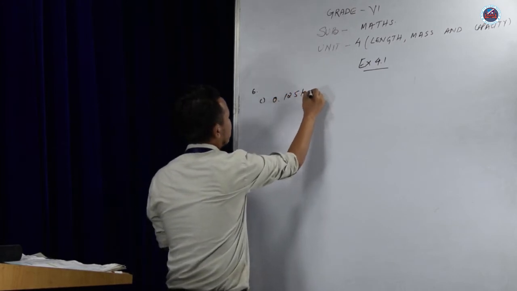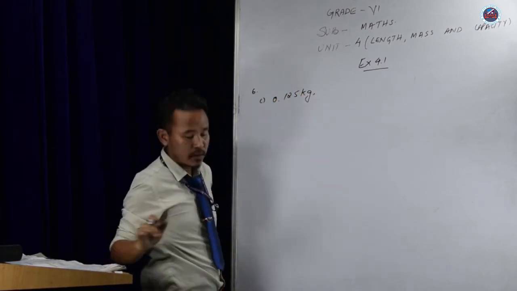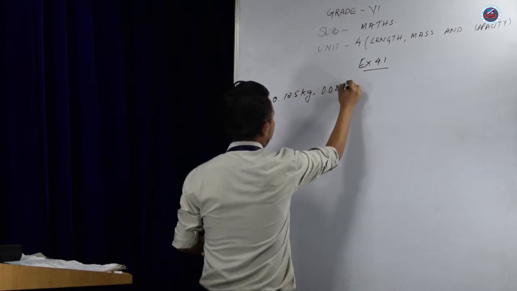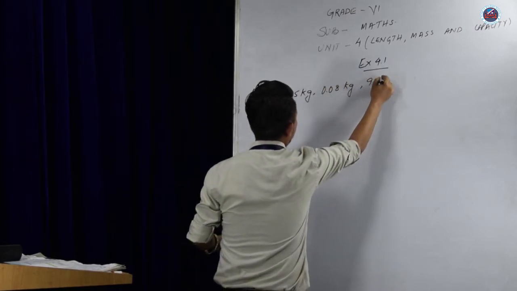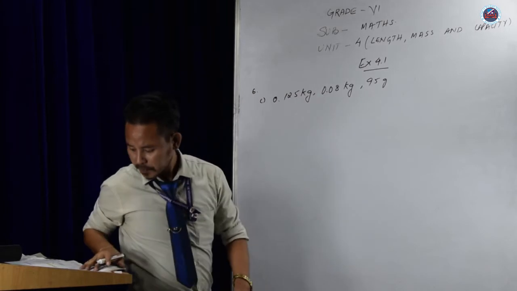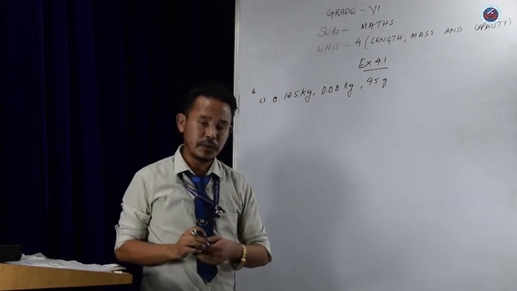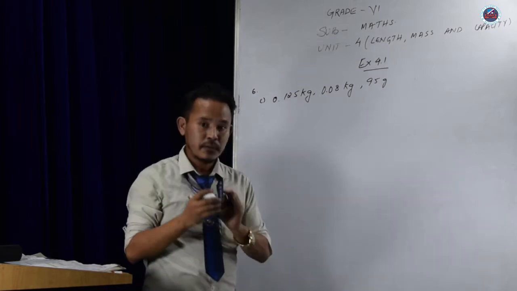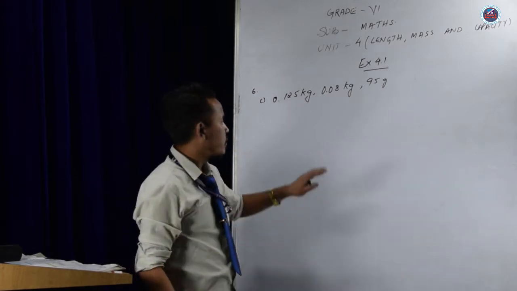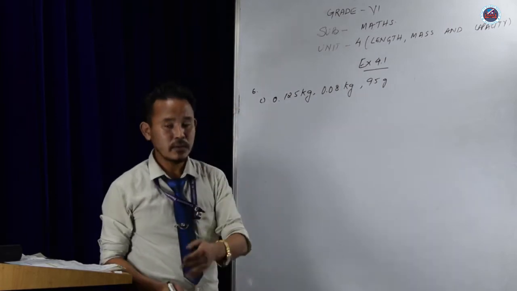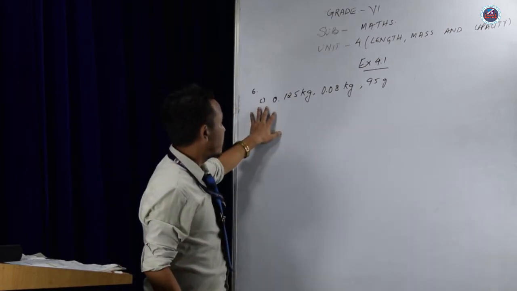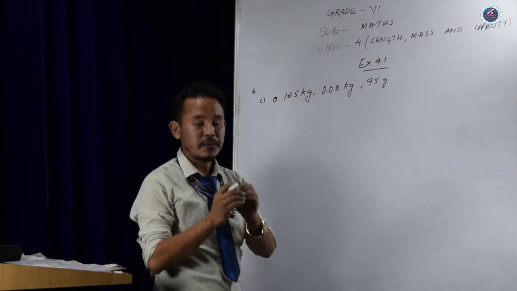0.125 kilograms, 0.08 kilogram, 95 grams, right? Okay. We are asked to arrange this starting from the smallest. So what I would recommend is it's better we convert the unit and keep the units the same.